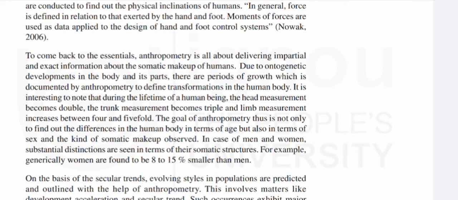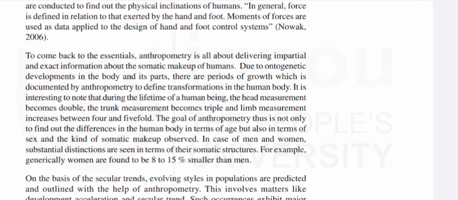It is interesting to note that during the lifetime of a human being, the head measurements become double, the trunk measurements become triple, and limb measurements increase between 4 and 5 fold.